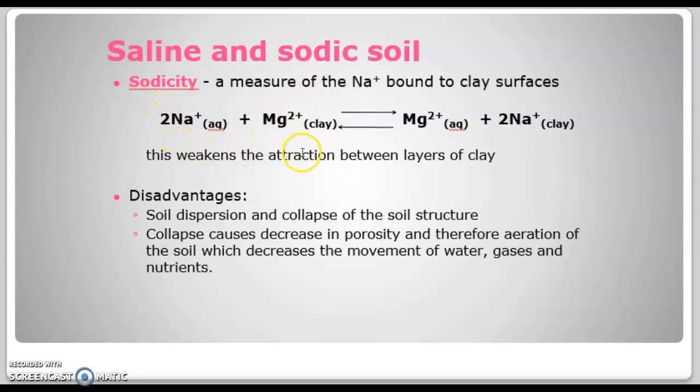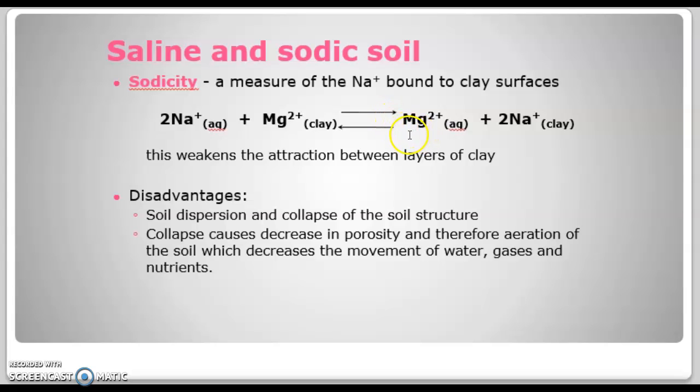in contact with clay which has magnesium adsorbed onto the clay surface, then what can happen is that the exchange process, shifting to the right, causes those sodium ions to be adsorbed onto the clay, exchanging with the magnesium, so the magnesium becomes aqueous and then leaches out as well.